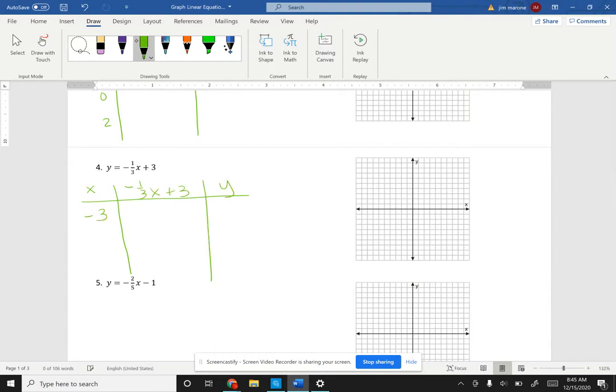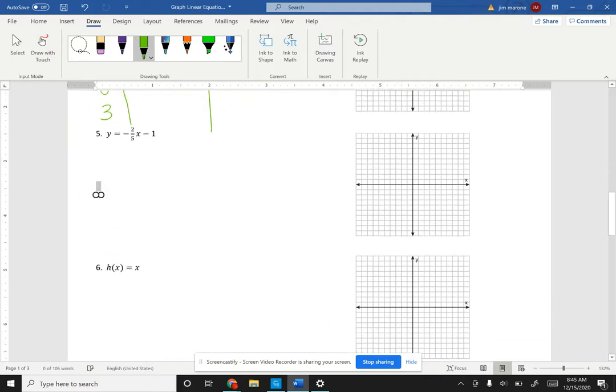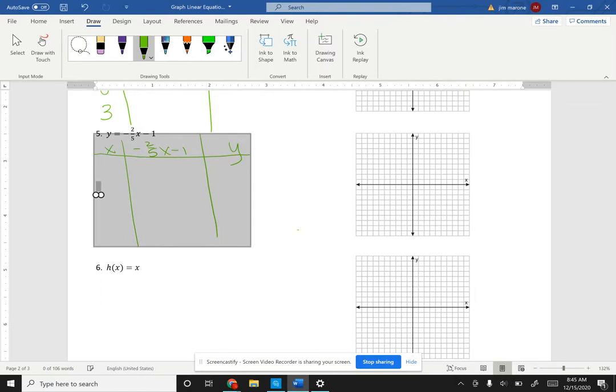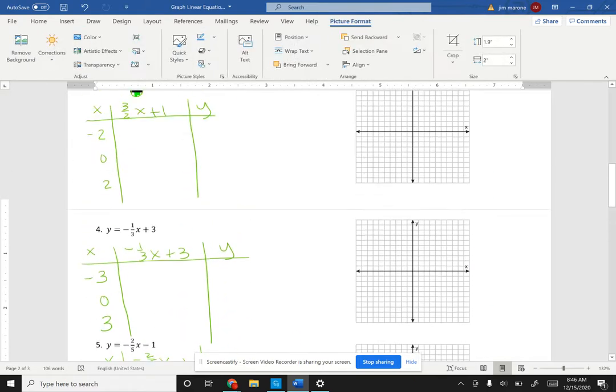I choose a negative denominator, 0, and a positive denominator. The next one, I choose the negative denominator, 0, and a positive denominator. And then we'll come back to the next ones.